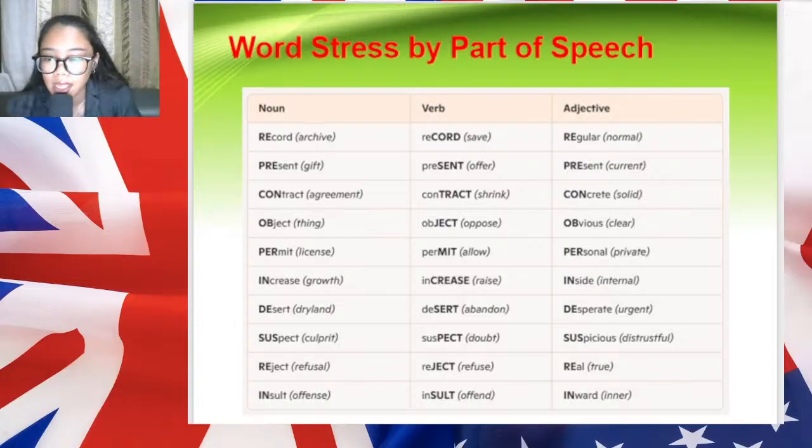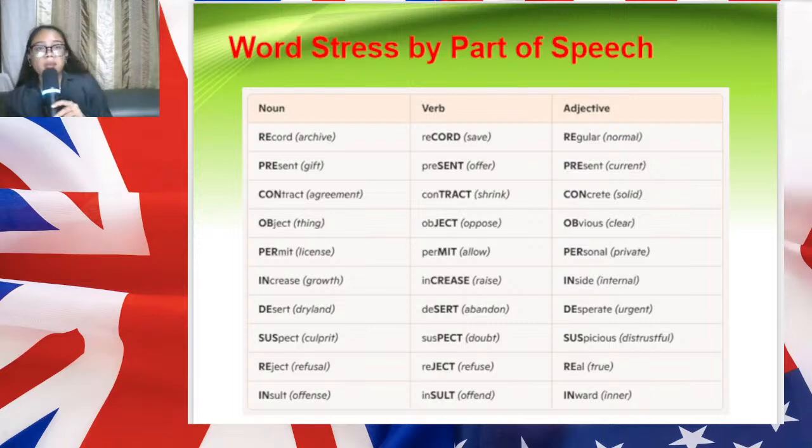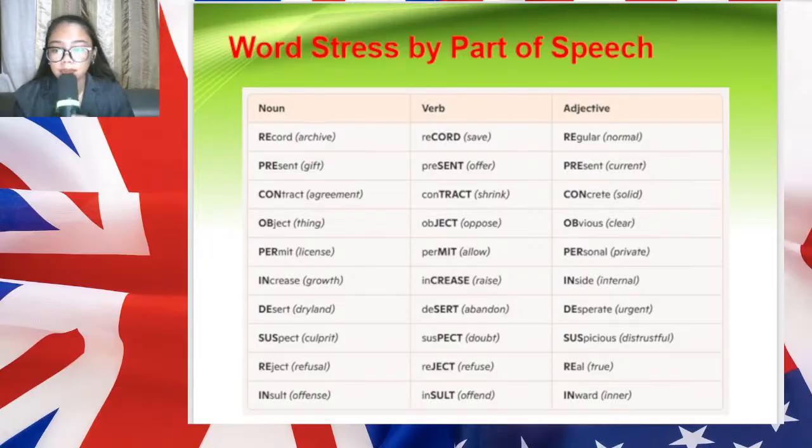Okay. Next is what word? Subject. Again, subject. When we're referring to the culprit, he's the subject of the crime. Okay? Referring to, what do you think? Of course, it's a noun.